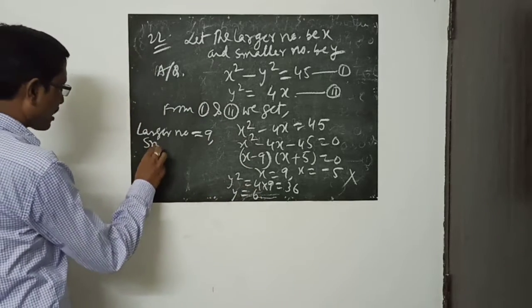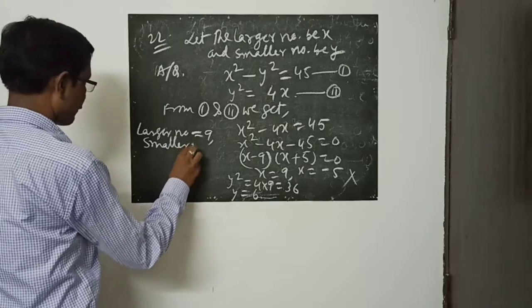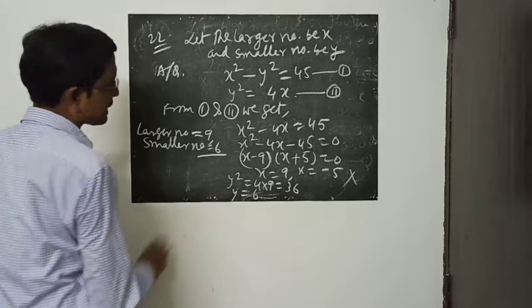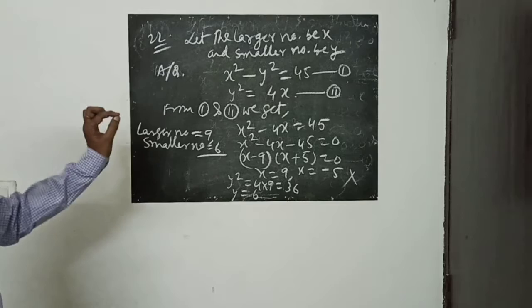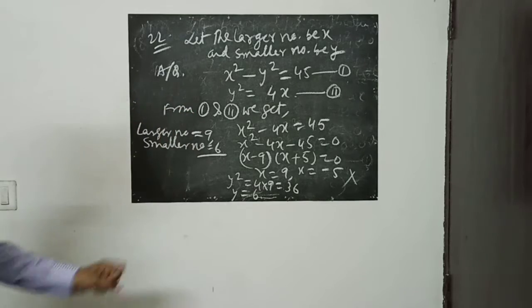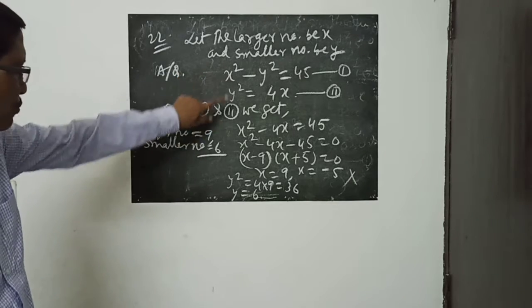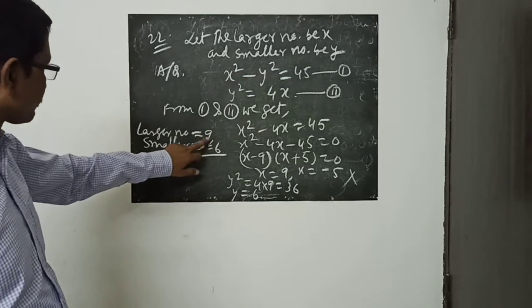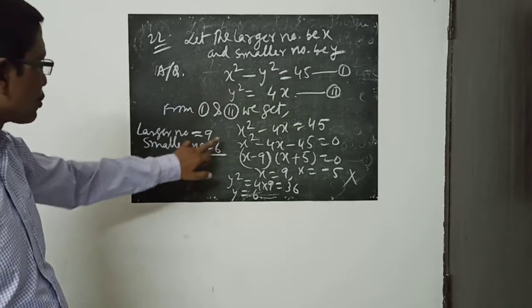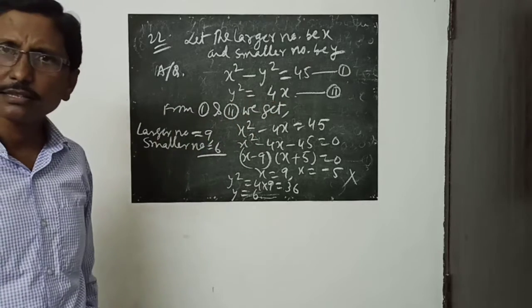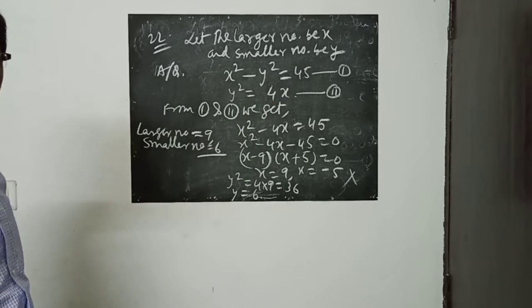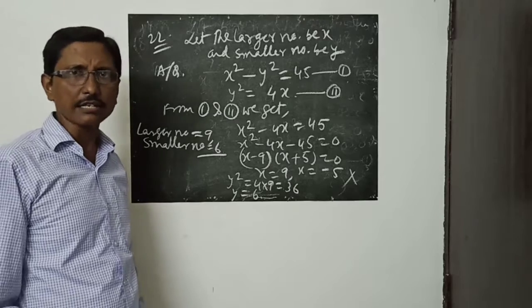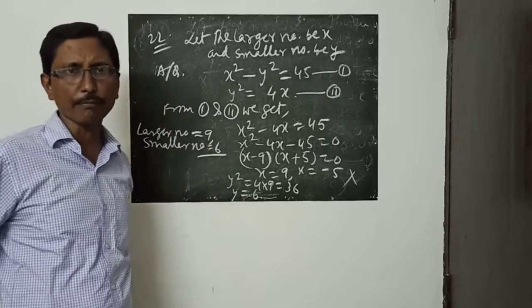So the smaller number is 6. Now check once whether our answer is correct or not. 9 square is 81, minus 36, you will get 45. Or 6 square, 36, equal to 4 into 9, that is also 36. So both the equations are satisfied by this set of numbers.